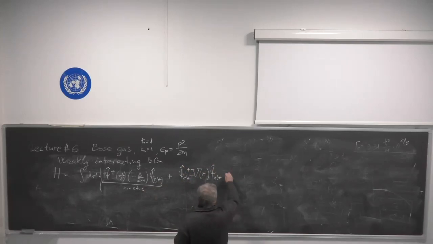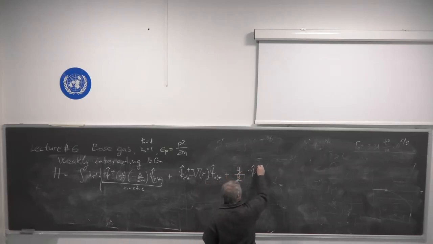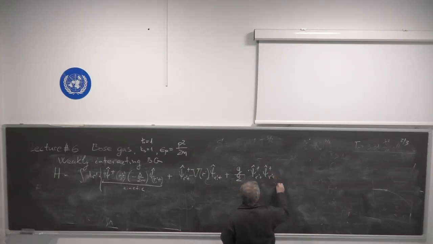Then I have the many-body interaction, and I will write it in the form of a constant g over 2, psi dagger r prime t psi dagger r prime t psi r prime psi r prime. So this is the interaction.